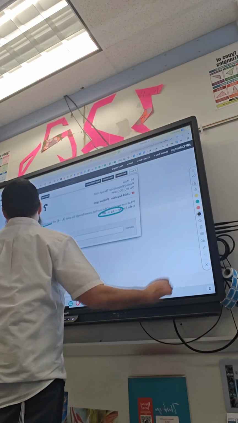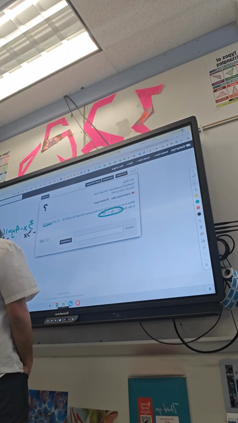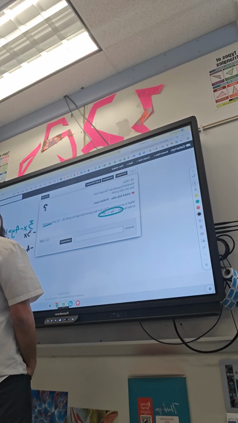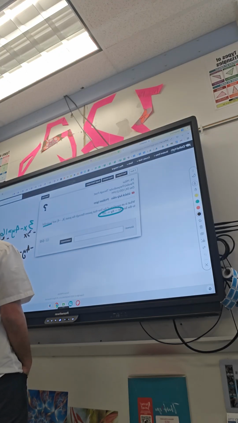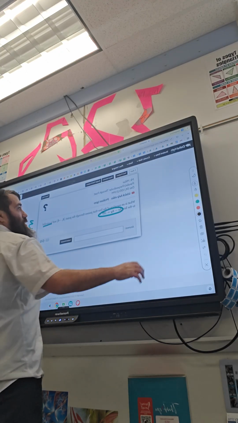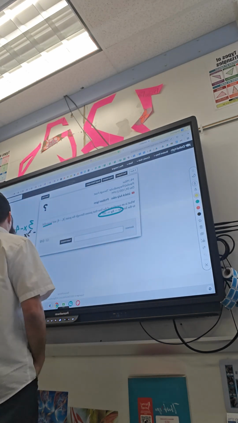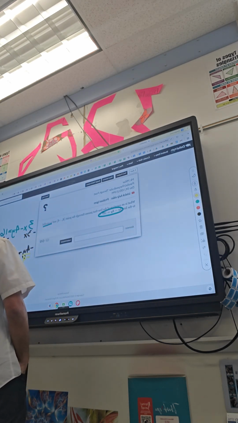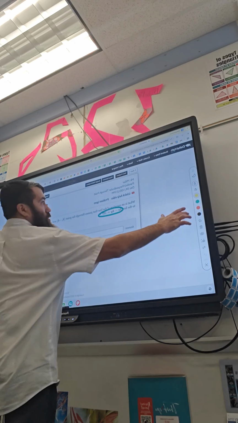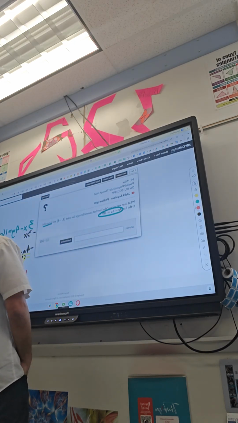So we're first gonna subtract 3x from both sides. So we get negative 4y equals negative 3x plus 16. And then we divide everything by negative 4. And our new equation is y equals 3/4 x minus 4.